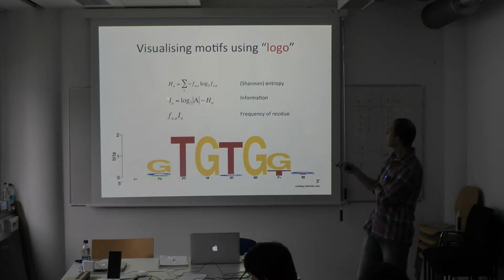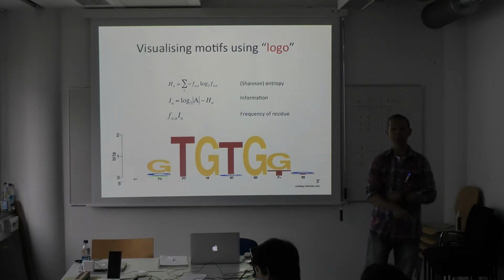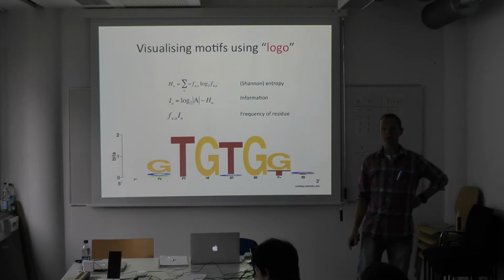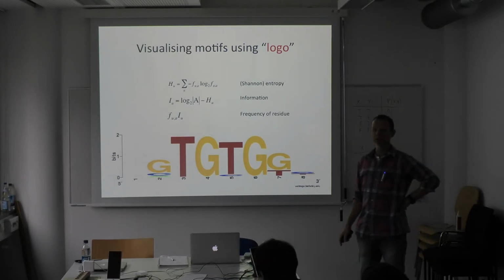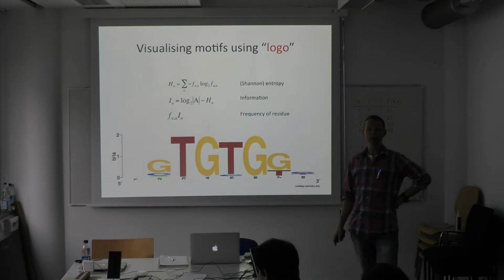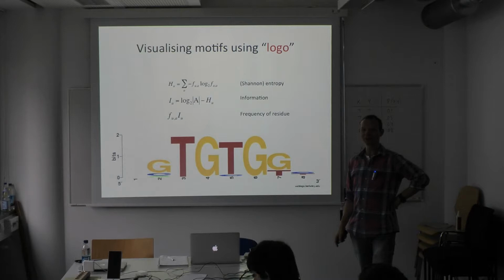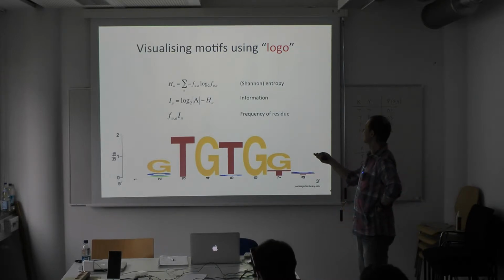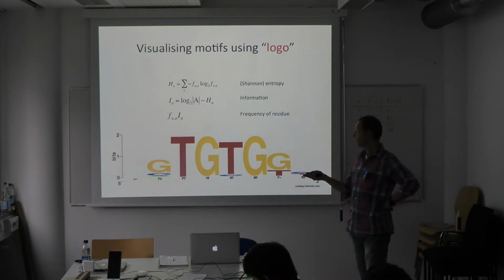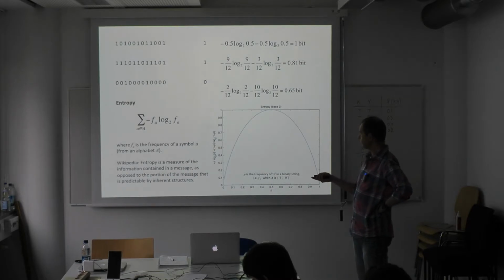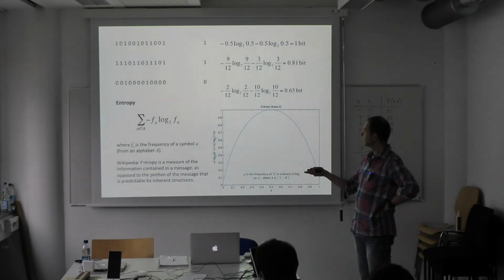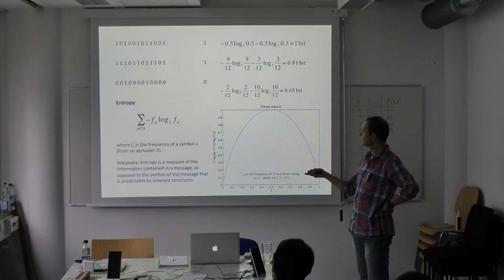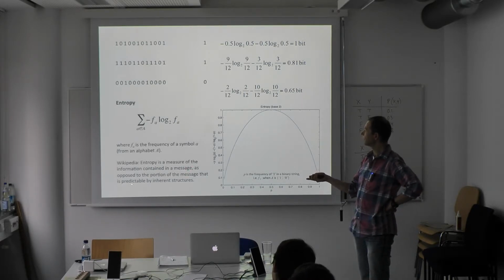This is a calculation that is based on entropy. How many know about entropy here? Shannon entropy. Surely you must have come across that previously. If I go to the definition that I found on Wikipedia, entropy is a measure of the information contained in a message as opposed to the portion of the message that is predictable by inherent structures.